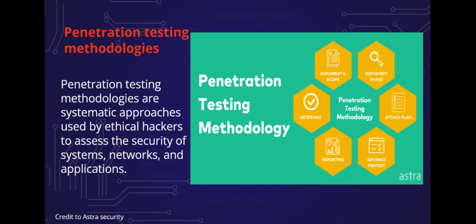So, some commonly used penetration testing methodologies include document and scope. Usually, there is a team to get these strategies done, okay? And then the second one, discovery phase, where they discover the ins and outs of web applications or any network, so they can after that create an attack plan.